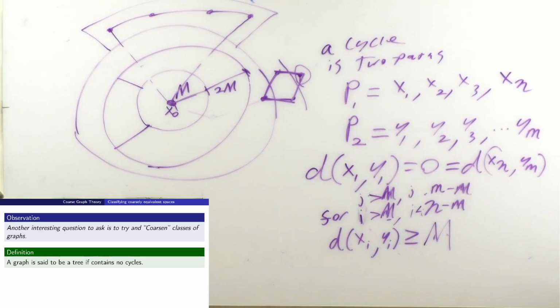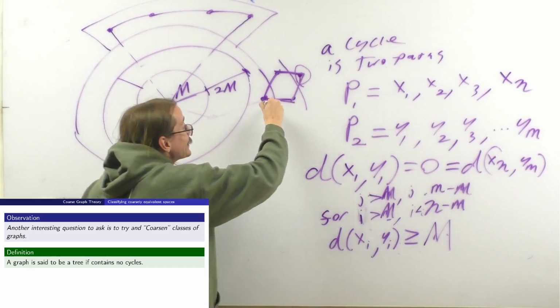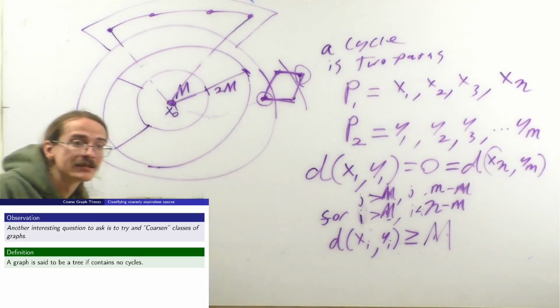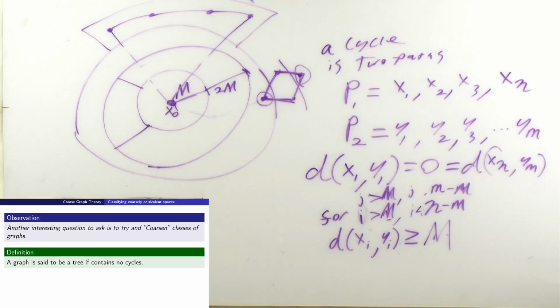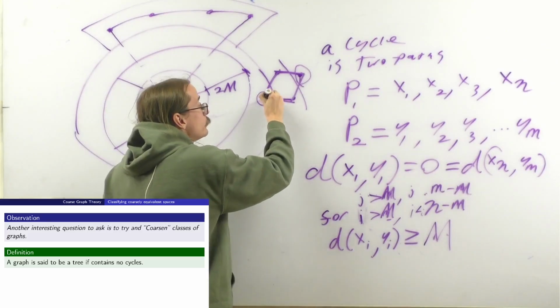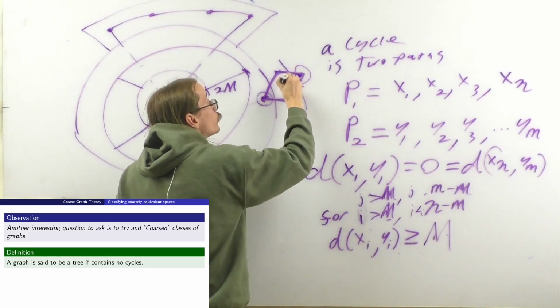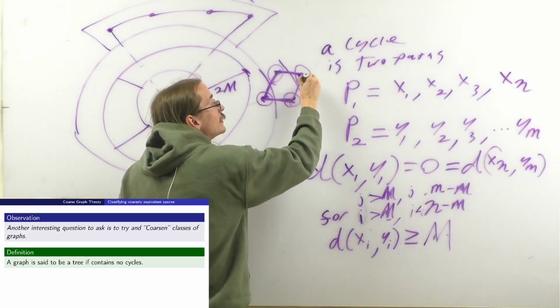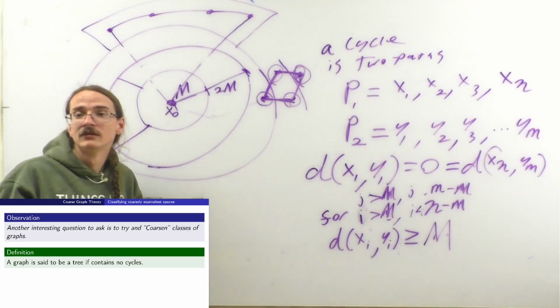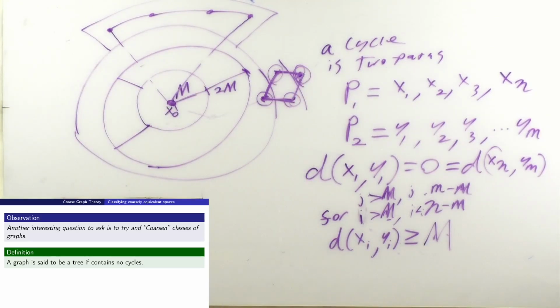They're M-disjoint from each other. And they're connected again down there. That's a big cycle, isn't it? That's exactly what we mean by a big cycle. They start at the same point, they get really far away from each other, and then they end at the same point. That's a big cycle. That's that.